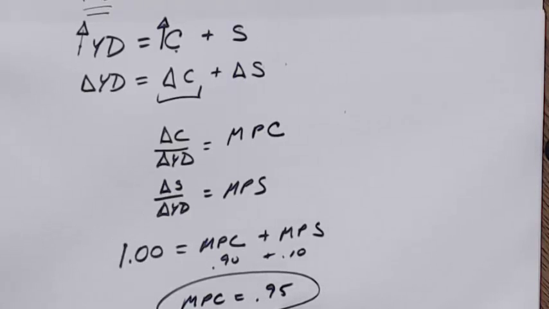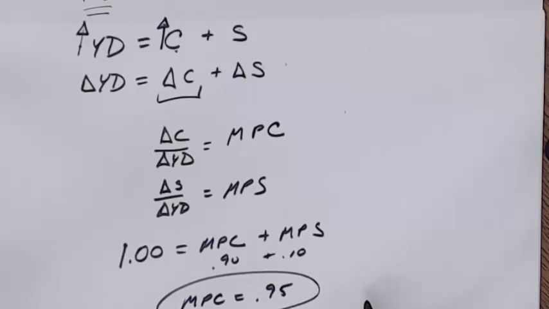Okay. So now we want to see what happens when we have a change in disposable income, and how there are ripple effects from that expenditure. We have to keep in mind what the marginal propensity to consume does. Since it is less than 1, for every dollar that I earn in disposable income, I only spend 95 cents.